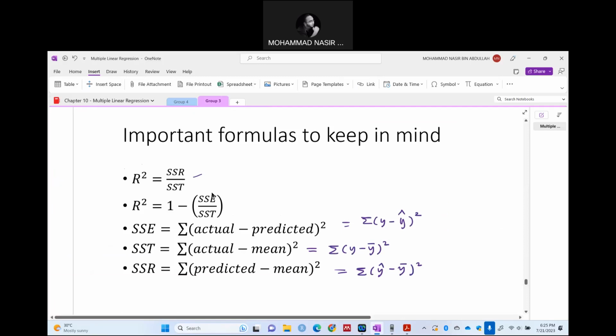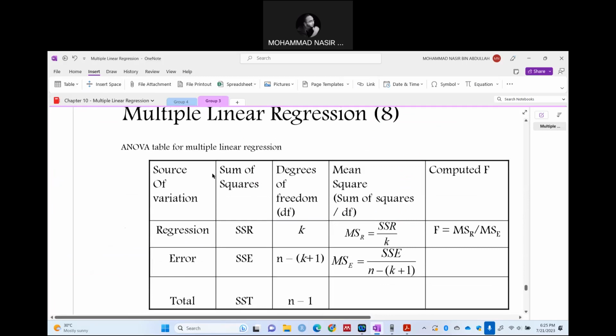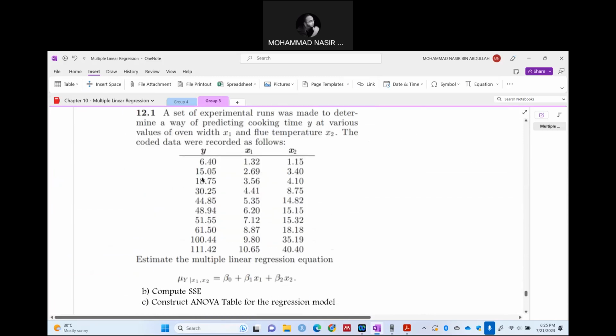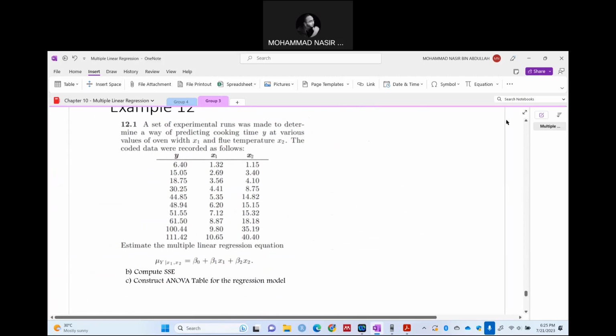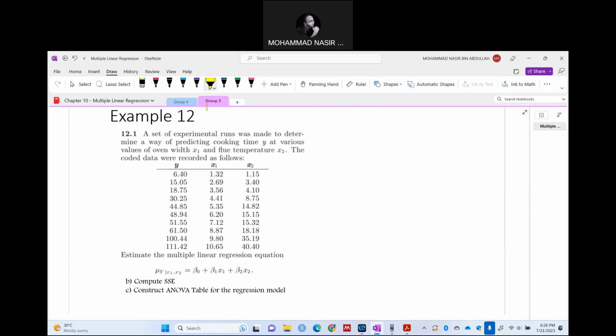Very good. So now let's look at example number 12. Remember, this is a linear one on our table for multiple linear regression. A set of experimental runs was made to determine a way of predicting cooking time. Cooking time is Y. This is the same example as previous, right? And the predictors are oven width and flue temperature.